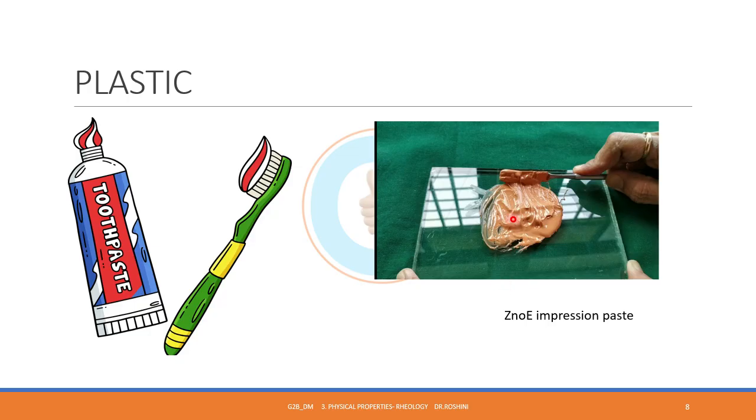Once it reaches the yield point, your material starts to become rigid and it stops becoming rigid or plastic at the end of the set of the material, and that's why the material is termed as plastic. Initial mixing will have the same consistency as that of your base and catalyst paste, and only when it reaches your yield point your material will start to set and become plastic or rigid or brittle.